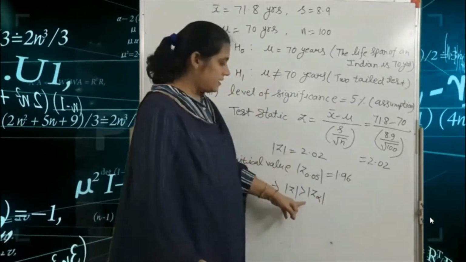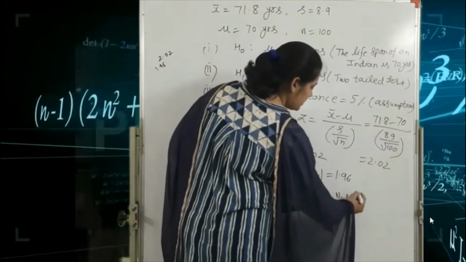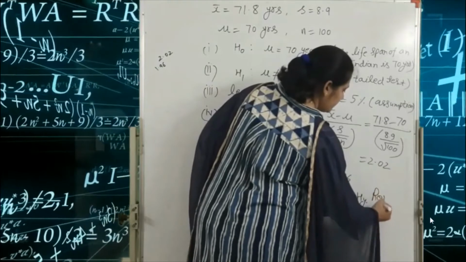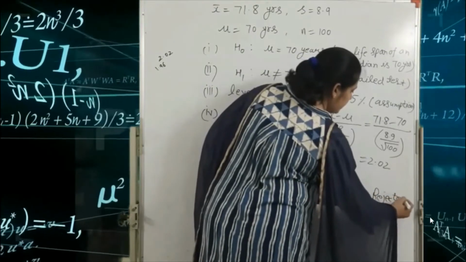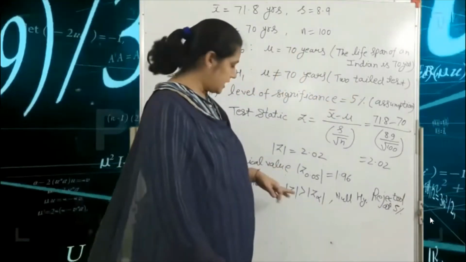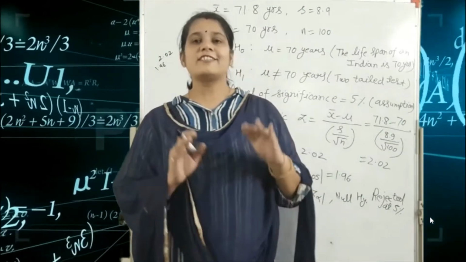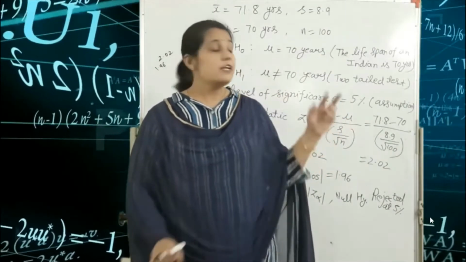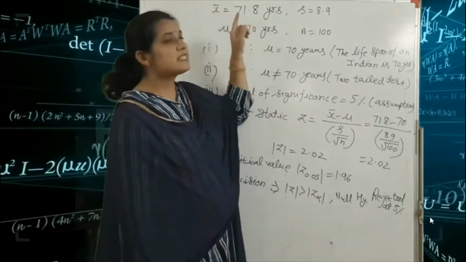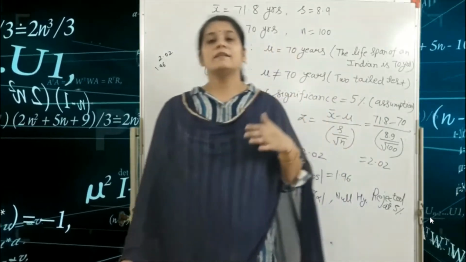Mod of z greater than mod of z alpha, that means the null hypothesis is rejected at 5% level of significance, and here you write the lifespan of an Indian is not 70 years. Okay, so this is the example of a question given with a single mean, that means the population mean and the sample mean.